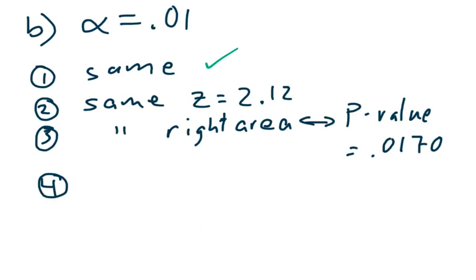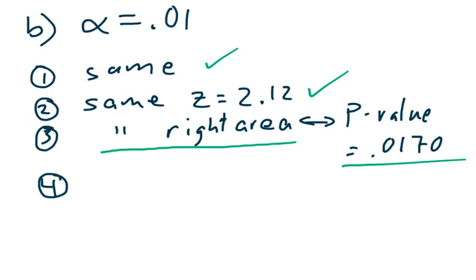In step 2, we have the same x, the same sample size n, so we have the same sample proportion p hat, and thus the calculation for our test value z gives the exact same thing, 2.12. And since we have the same z value and we have the same right area, we have the exact same p-value too. The first place we spot a difference is here.